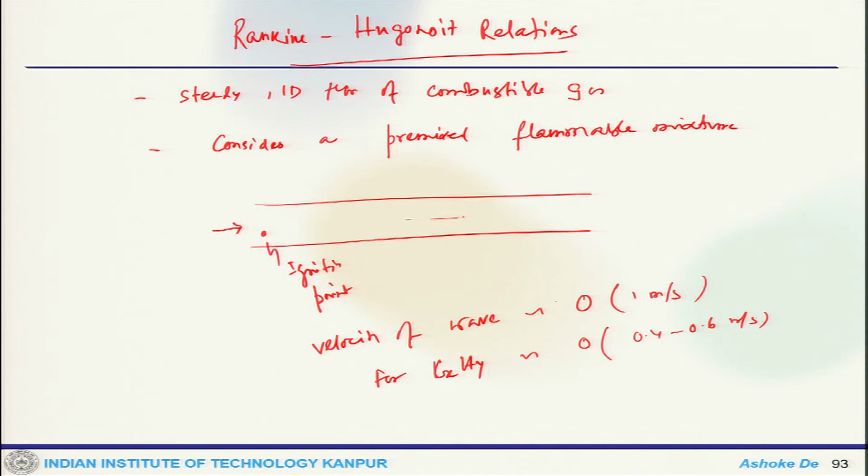So, how is it controlled? Essentially, the velocity of this wave is primarily controlled by the diffusion of heat and active radicals. So, this is what is normally called a flame.